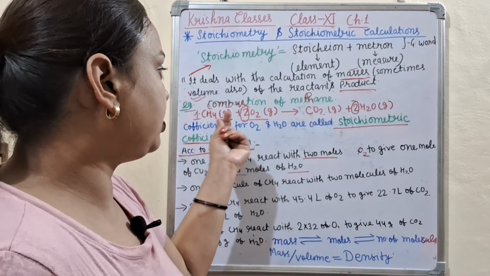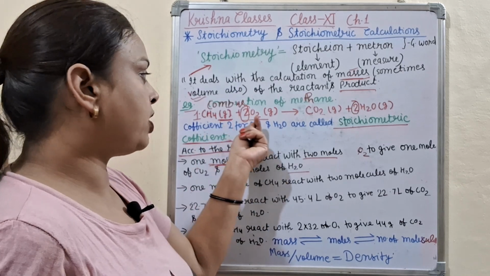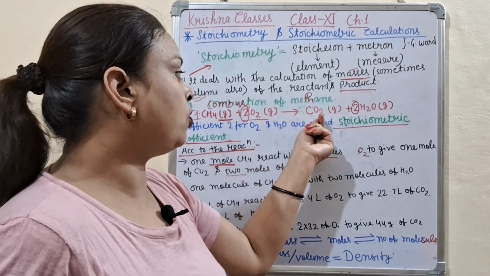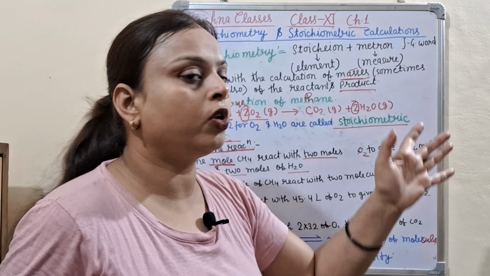So here you can see very easily 1 mole of CH4 reacts with 2 moles of oxygen and gives out 1 mole of carbon dioxide and 2 moles of water.